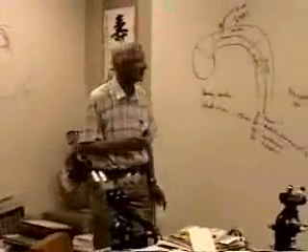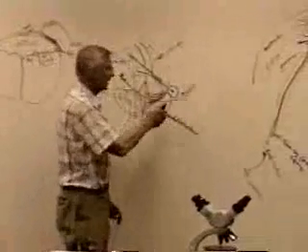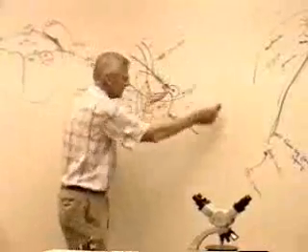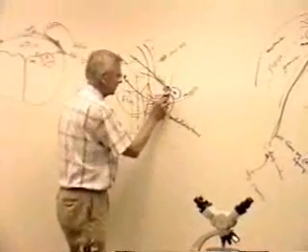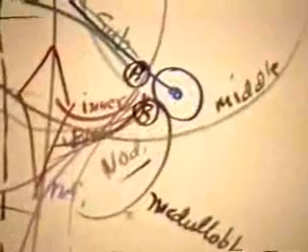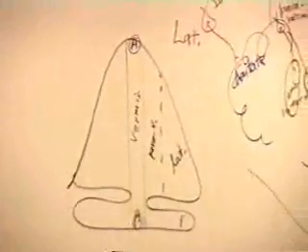So I realized that what they'd done was take a piece of paper, and starting at point A here, go around point B, and then unroll it. So point A was up here, point B was up here, and those two touched in the roof of the fourth ventricle.